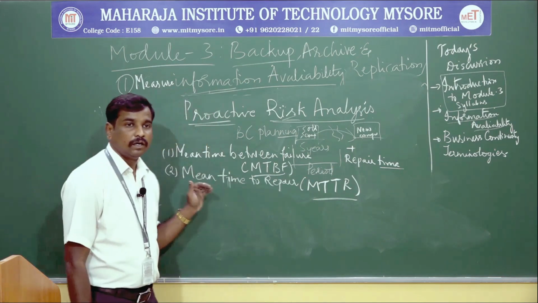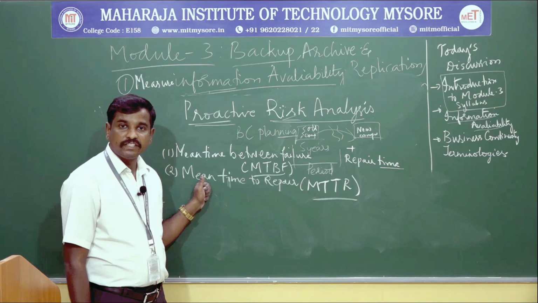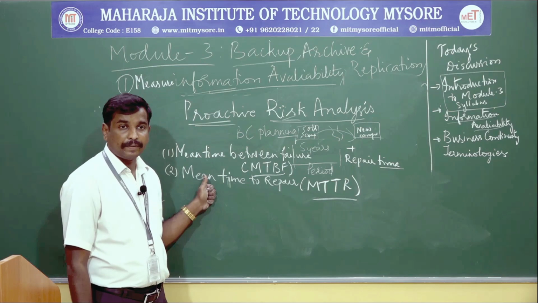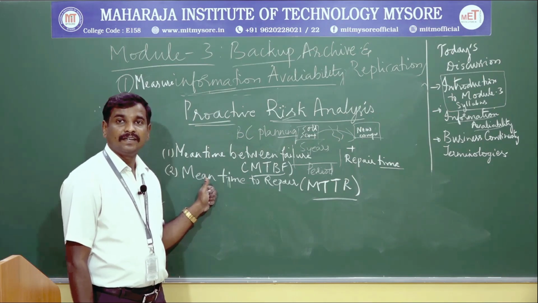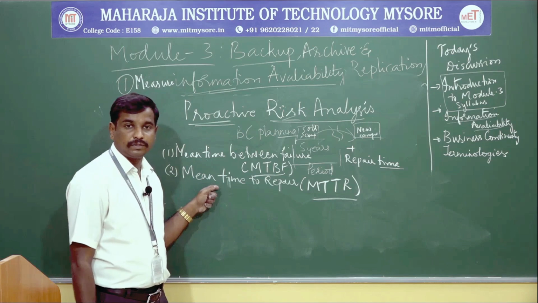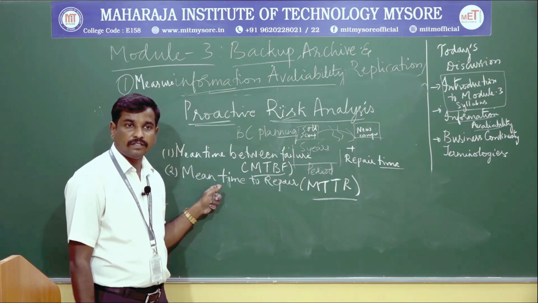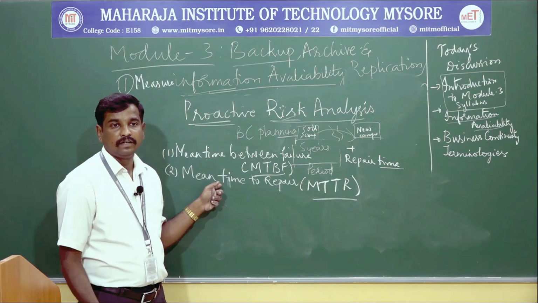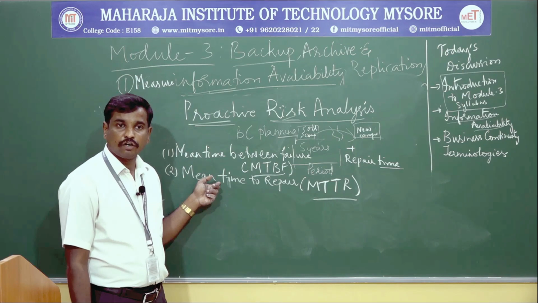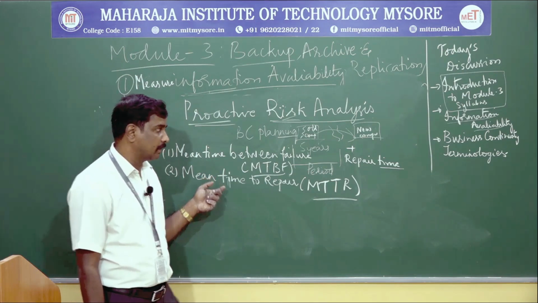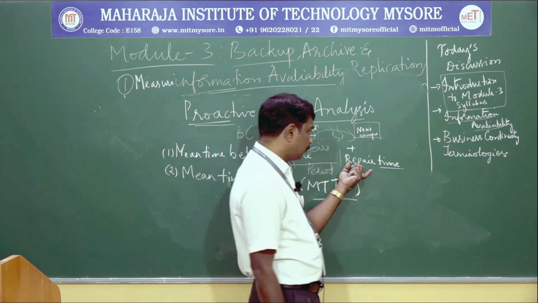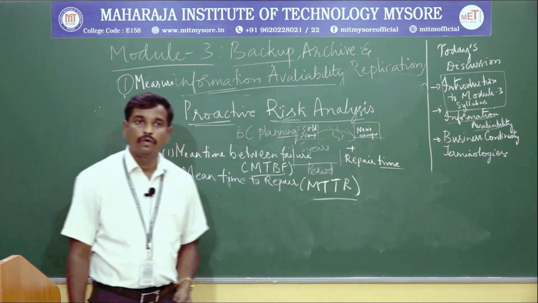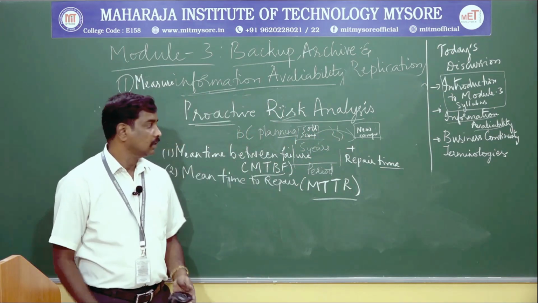Mean time to repair is the average time required to repair a component. While calculating the mean time to repair, it is assumed that the fault is correctly identified and repaired using spare components already available. That means when we perform repair operations, we use an alternate component for continuity of the business.